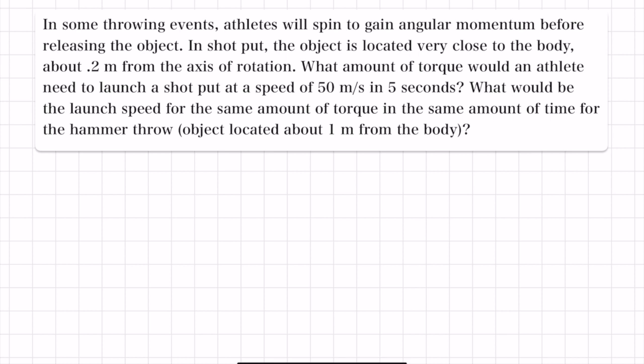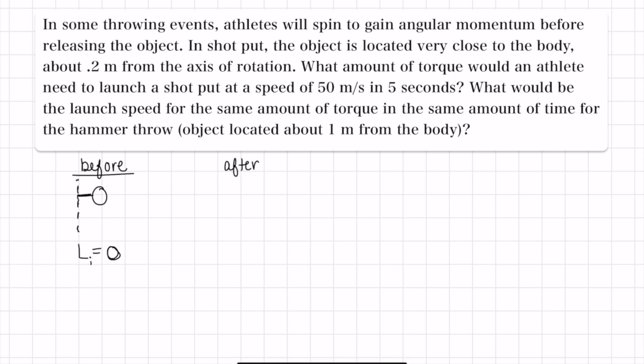If we consider when we're starting, before, we just have the ball located some short distance away from the axis of rotation being held, so we have nothing moving. So our angular momentum is going to be equal to 0. I write it as L initial.